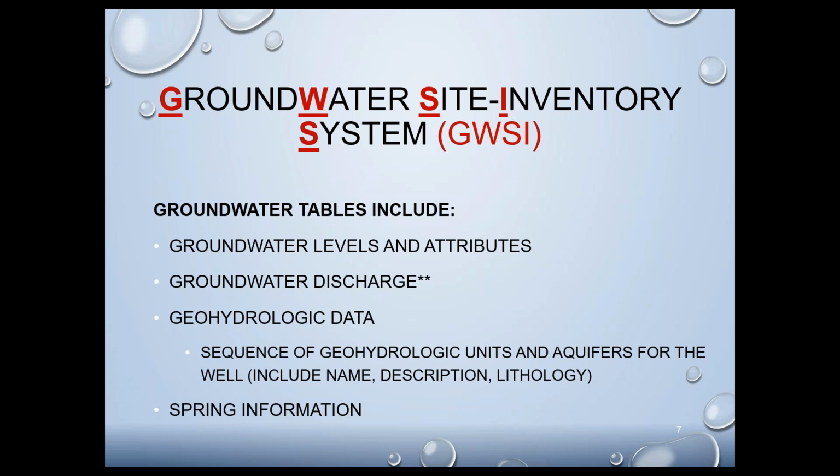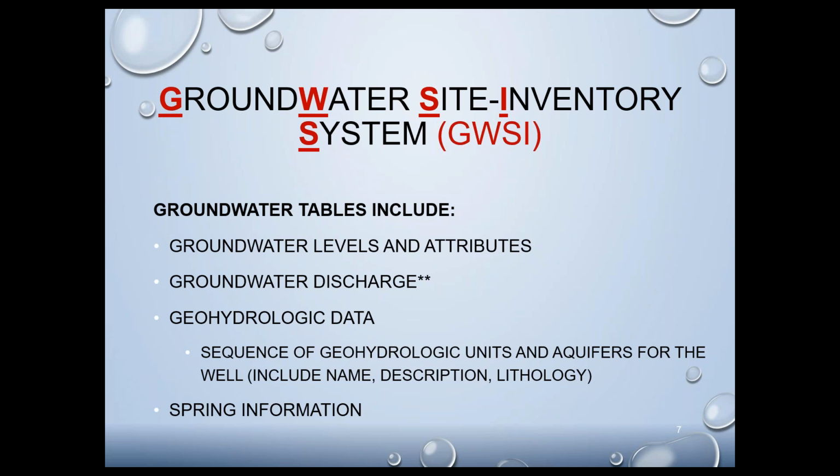It includes the aquifer names or the lithology. We record this information from the drilling log or other geophysical surveys that provide that information to us. And also stored in this table are spring information.